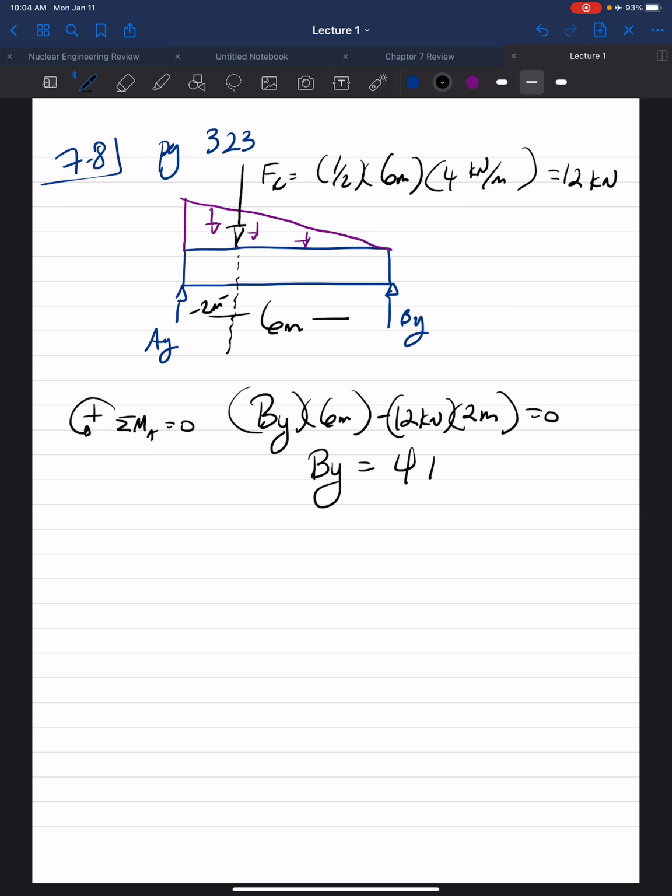BY is 4 kilonewtons. So now the problem asks us to solve for the internal loadings at point C. So we have to make a cut there, which is 1.5 meters away from point A.